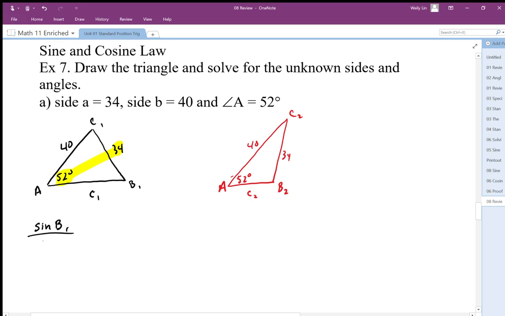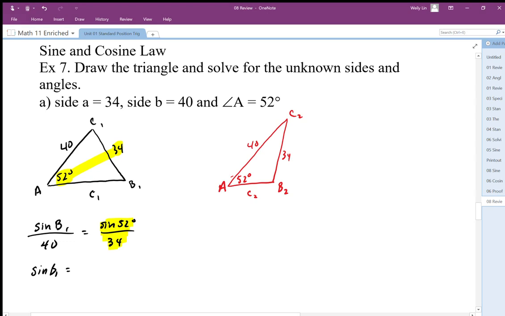So I'm going to write the ratio, the unknown B1, and the ratio is equal to sine 52 over 34, the known ratio. Okay, I'm just going to highlight that again. That is my known ratio. So first of all, I'm going to solve for sine of B1.